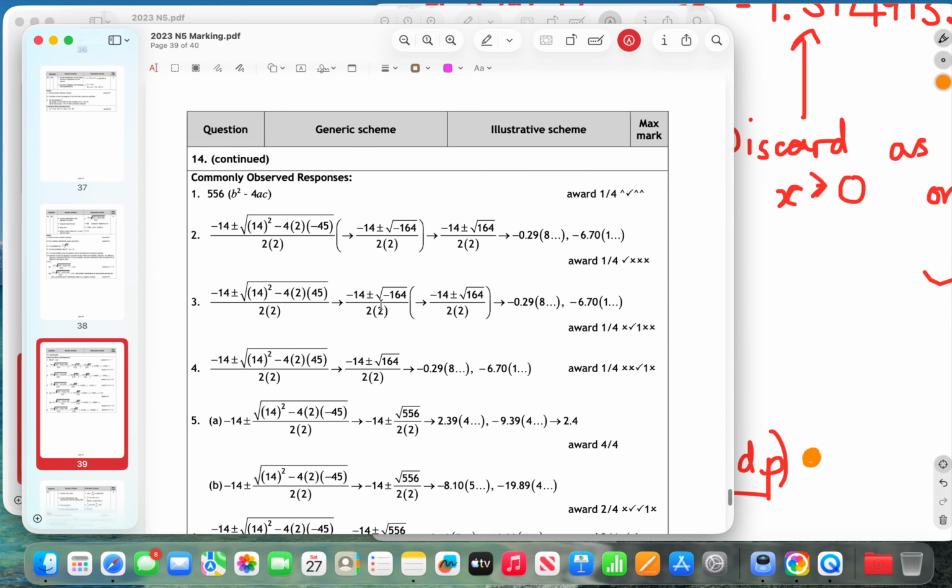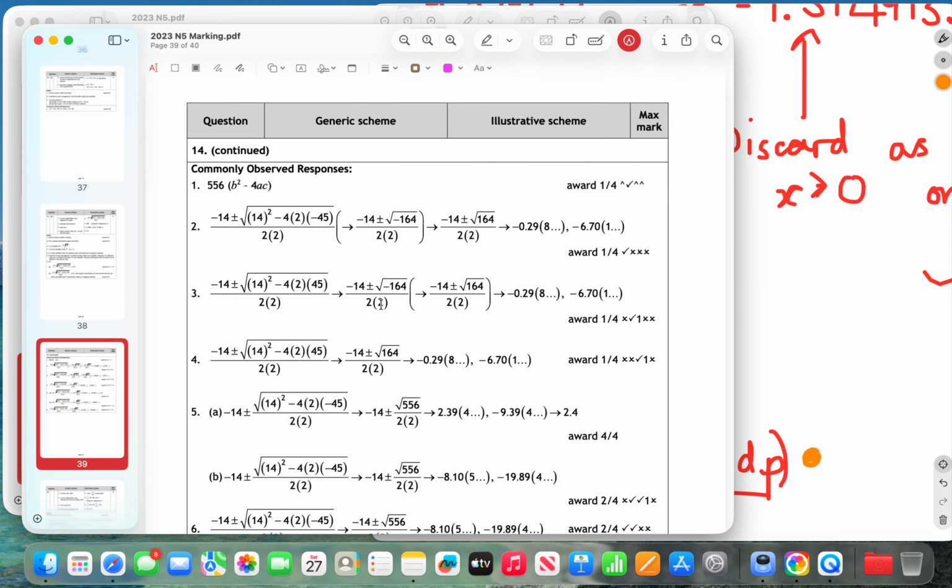So let's have a look at the commonly observed responses. Some people just wrote down the discriminant of 556, which would be a loss of 1 mark. Many pupils put a negative value of the discriminant because they messed up the positive and negative signs.